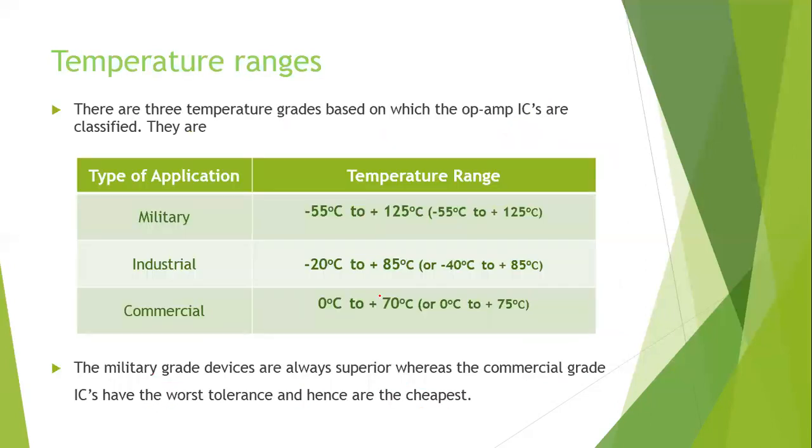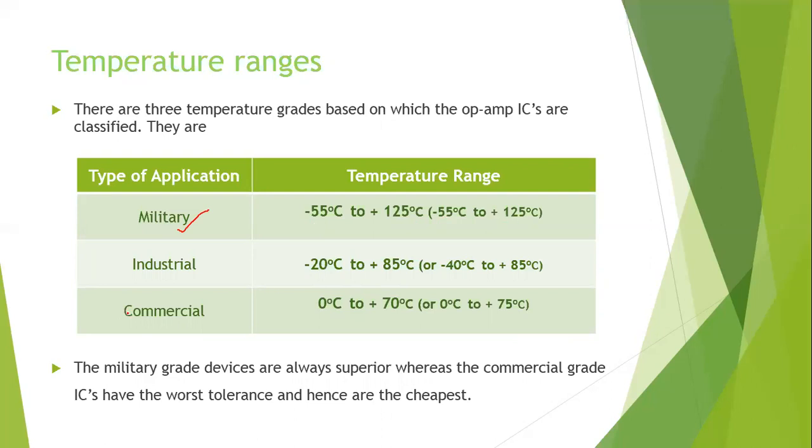Next, the temperature ranges used for different applications of these ICs. Here we are describing it for three applications. The first one is military applications. Whenever the ICs are used under military applications, the temperature range required is minus 55 degrees Celsius to plus 125 degrees Celsius.